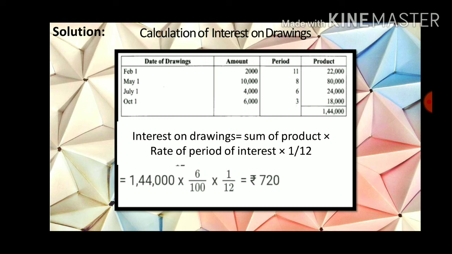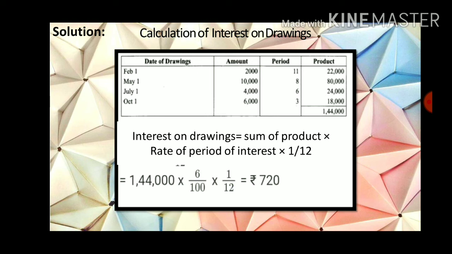So interest on drawing, sum of product: what is the formula of interest on drawing? Sum of product into rate of interest into 1 by 12. So total product, sum of product, total amount 1,44,000 into rate of interest 6%, 6 by 100.